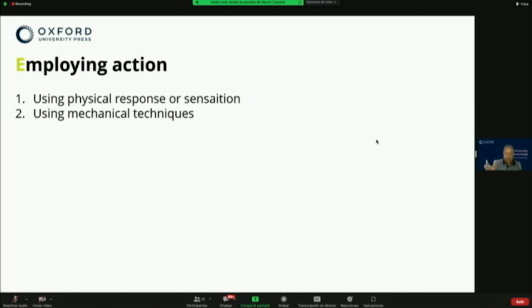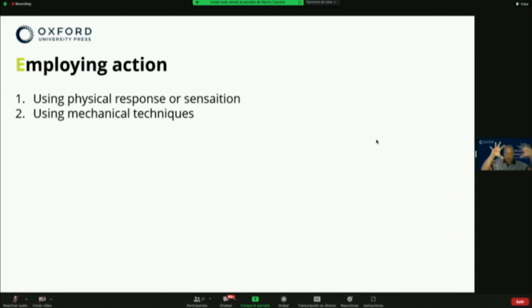Mechanical techniques meaning that they have to respond physically to an input, right? We have this when we talk about total physical response. That's number one. And mechanical is when they have to change something physically. For example, they are asked to move something, or to create something, or to build something.